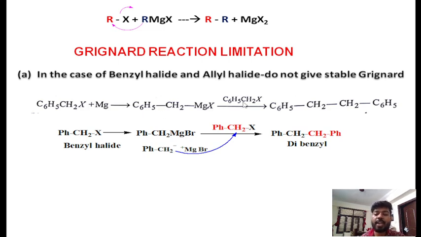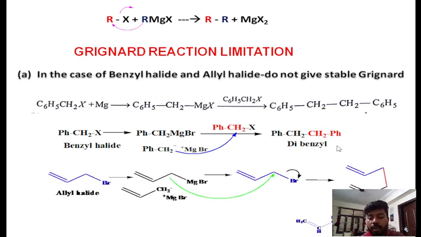It further reacts with its original molecule in a substitution reaction, because this is CH2 minus and MgX plus. This CH2 minus substitutes at the CH2X position, so the X is eliminated and you get the dibenzyl product. That's why benzyl halides do not give stable Grignard.